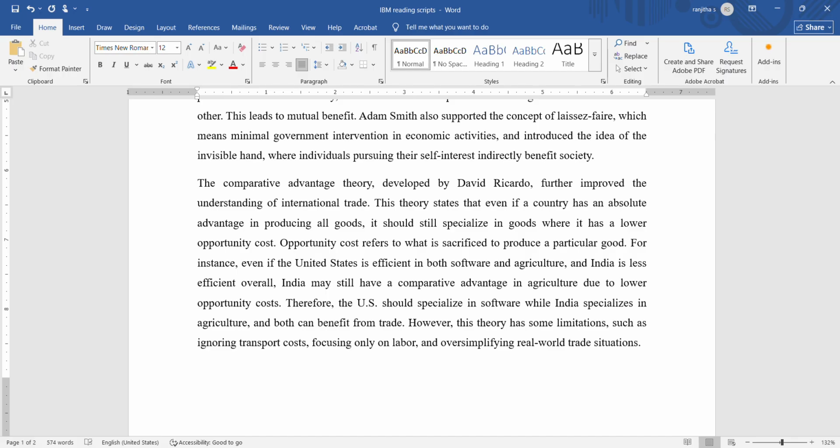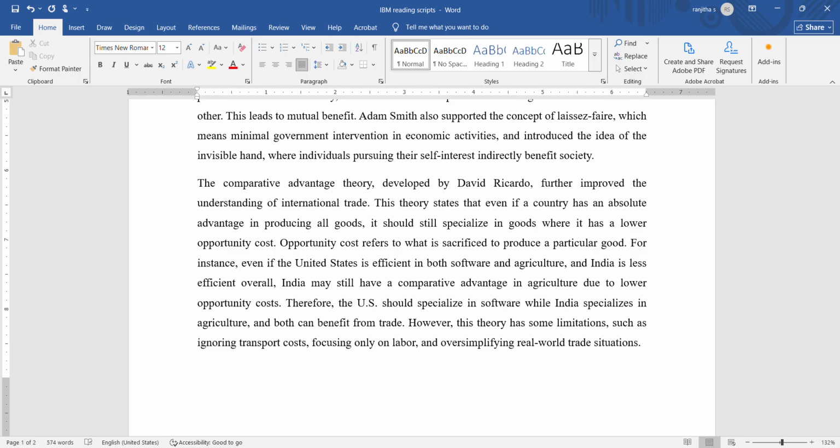This theory states that even if a country has an absolute advantage in producing all goods, it should still specialize in goods where it has a lower opportunity cost. The opportunity cost refers to what is sacrificed to produce a particular good.